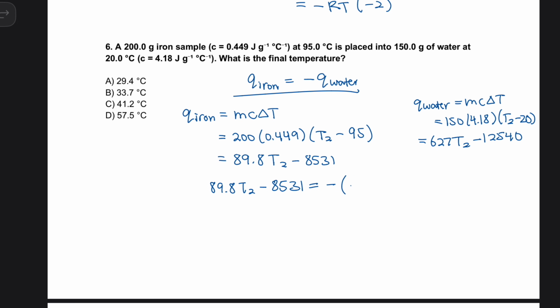So I'll put a negative here, and then in brackets, we'll put the calculation that we got. And now we just do the math. So we'll isolate for T2, and then you should get 29.4 degrees Celsius. And that is the final temperature.